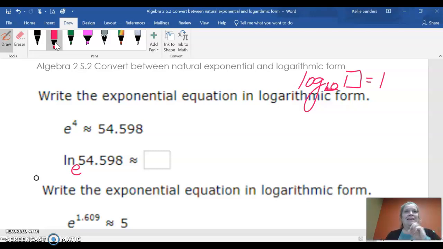E. E, like pi, is a number. The number E is 2.718, approximately, because it goes on forever and ever and never repeats. It is an irrational number.